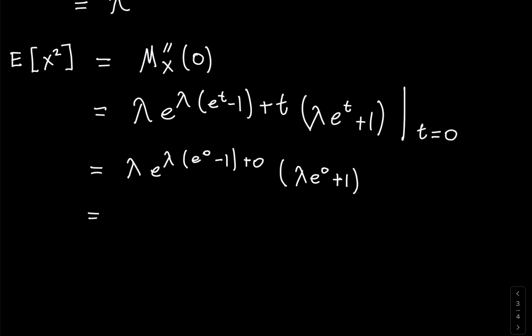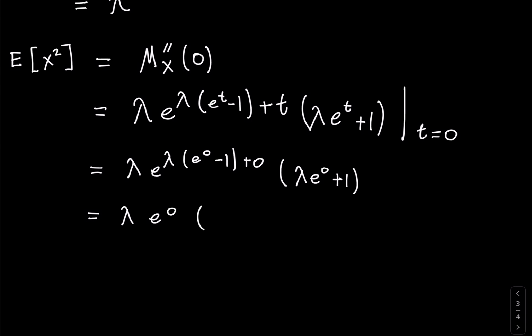And now we can start doing our simplification. So this becomes lambda e to the, again here, e to the 0 is just 1, a similar expression. This will all end up becoming 0, because you've got 1 minus 1, so that all cancels out to be 0. You've got plus 0, so we've got e to the 0 here.